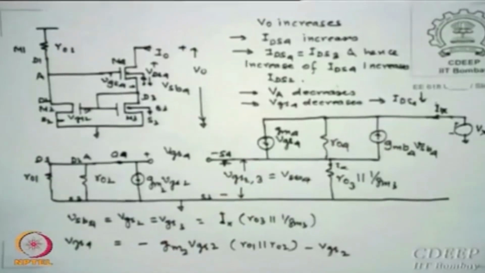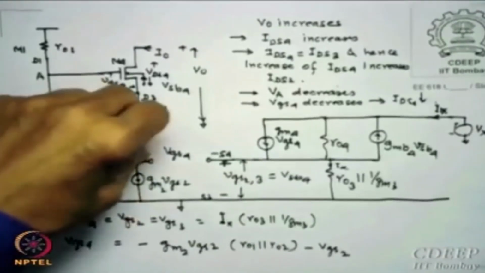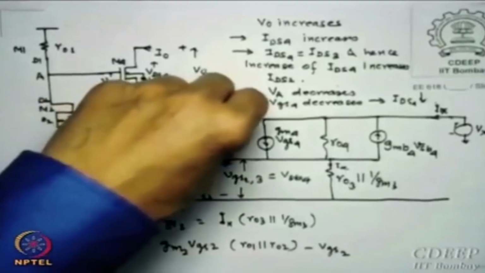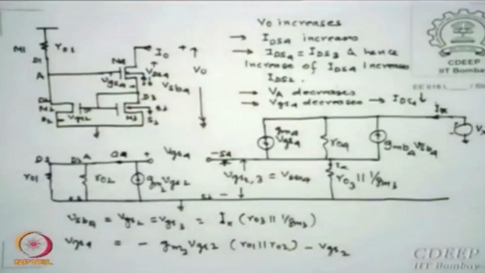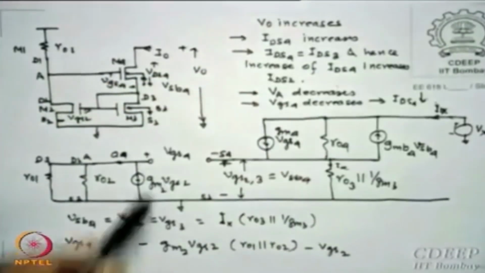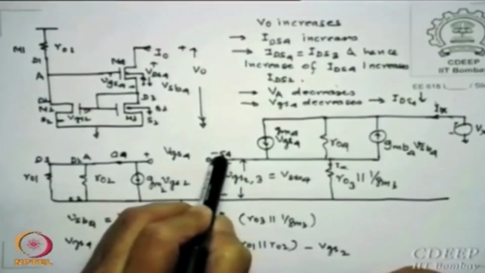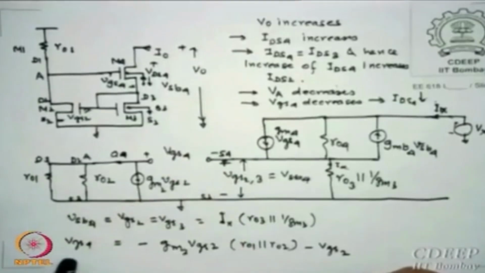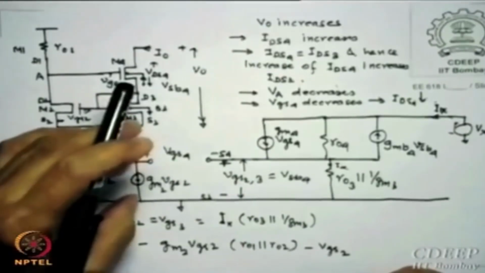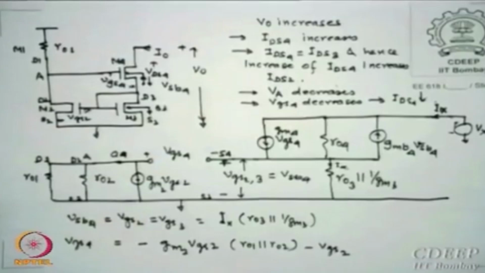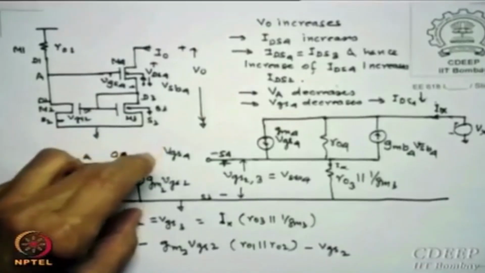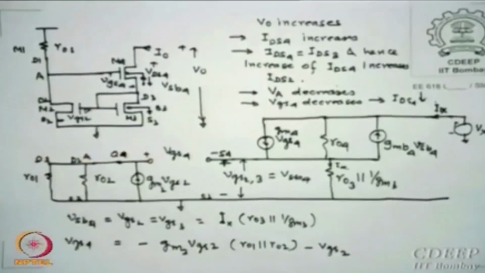Now I want to calculate VGS4. How much is VGS4? If I know this voltage and if I know this voltage, is that point clear? How do I calculate VGS4? This voltage minus this voltage, is that correct? That is my VGS4. So I write, how much is this voltage? GM2 VGS2 parallel combination of RO1 and RO2, is that correct?